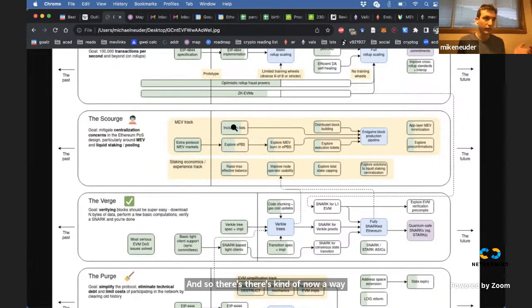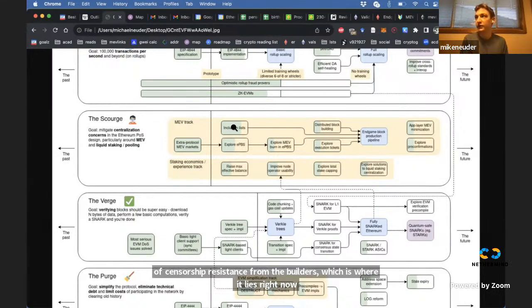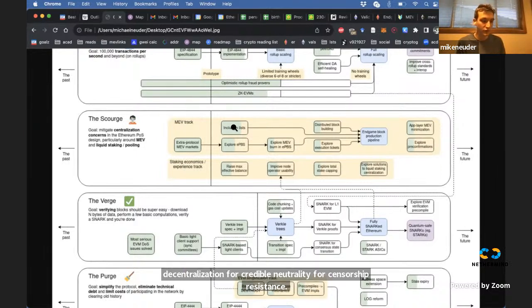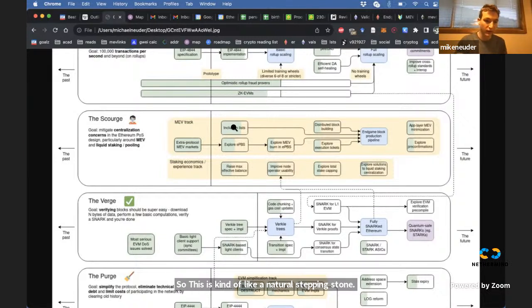In theory, this should help shift the burden of censorship resistance from the builders, where it lies right now, back to the validators. The validators are always going to be the backbone of the network, what we depend on for decentralization, credible neutrality, and censorship resistance. So this is a natural stepping stone to give some agency back without taking away the economic incentives of MEV.